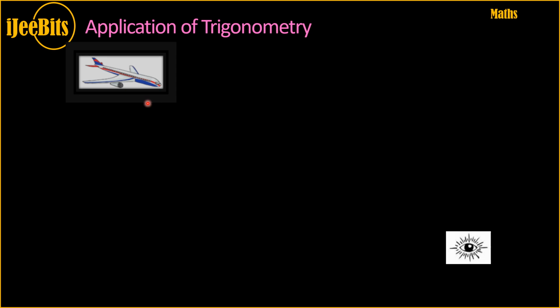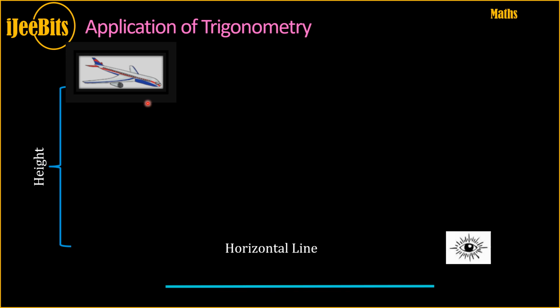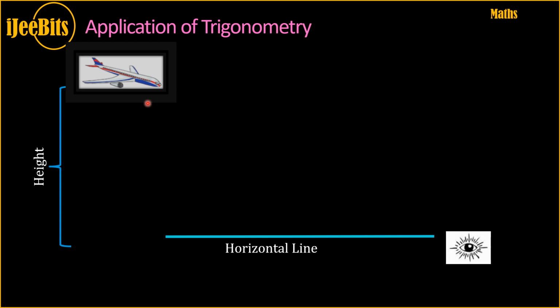So you have to monitor that with the help of trigonometric functions. Assuming this is the height with respect to the ground at the current instant, you draw a horizontal line, something like this, and you are trying to see the approaching flight as a target with a line of sight, right?